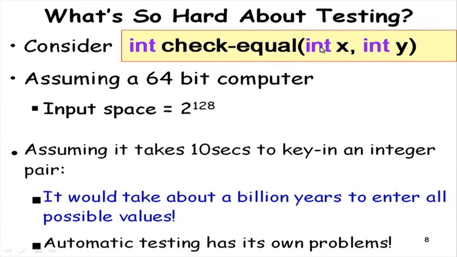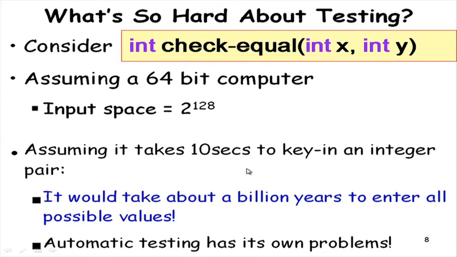We have to consider all possible combinations of these two parameters, and therefore it becomes 2 to the power 128. Just out of curiosity, let us check how long it will take. If we take 10 seconds, keying in very fast each pair of values, it would take a billion years to enter all possible values.